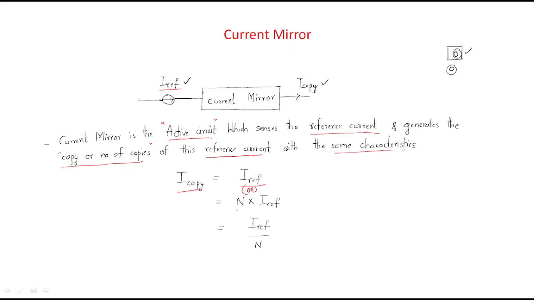the reference current. So it will generate a number of reference currents, or a 1 by n fraction of the reference current.